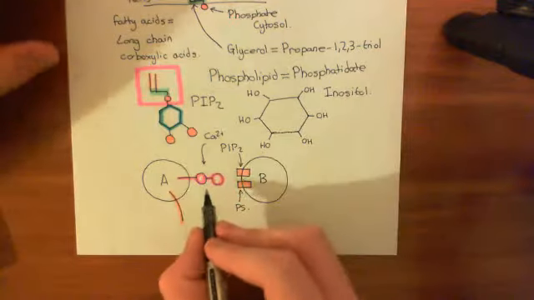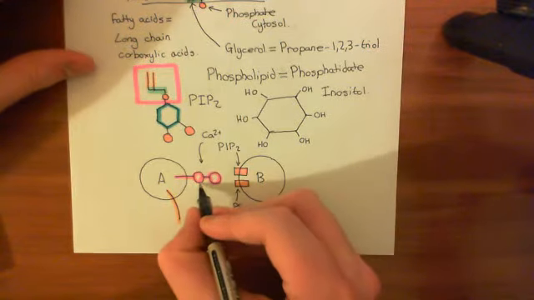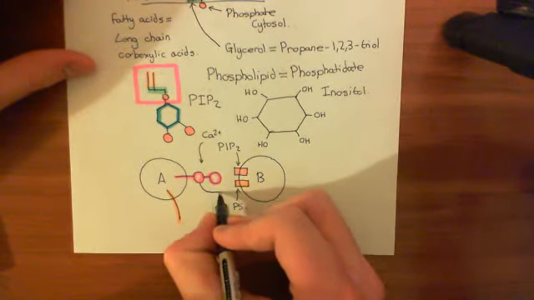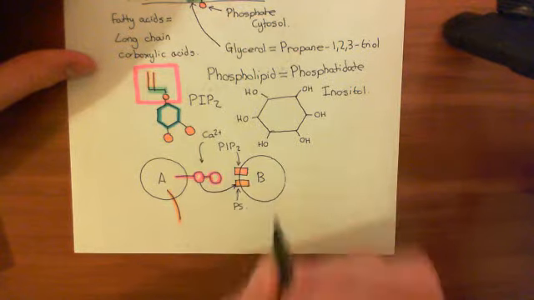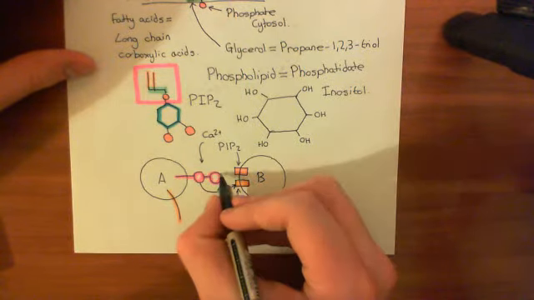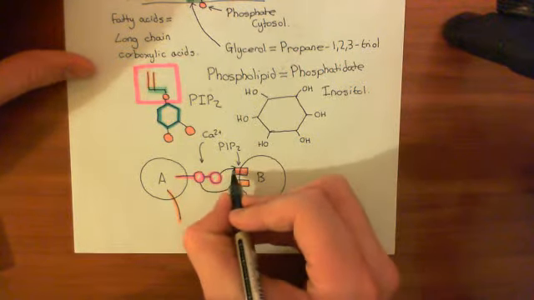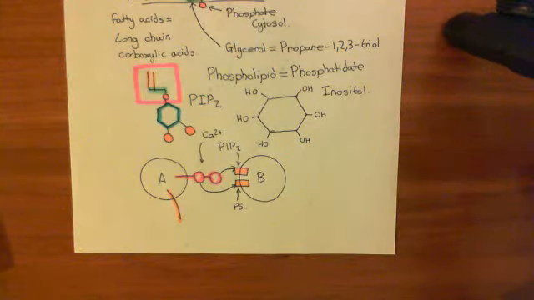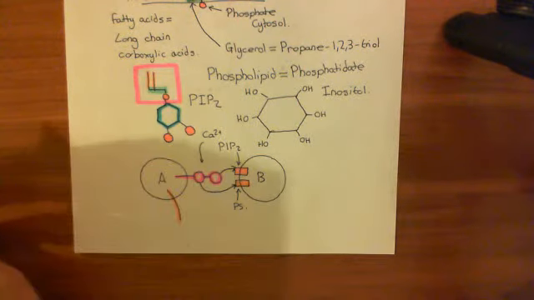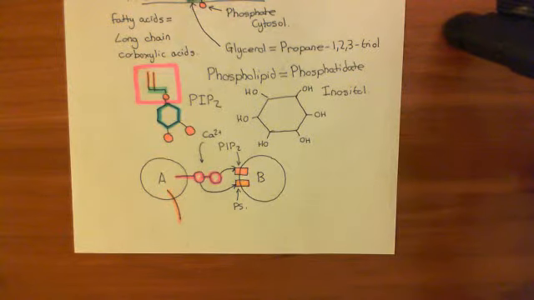Now, if we add calcium, what should happen is the C2A domain, once it's got free calciums bound to it, should bind to the phosphatidylserine, and the C2B domain should bind to phosphatidylinositol 4,5-bisphosphate. And what we want to see is whether the two vesicles actually fuse under these experimental conditions.